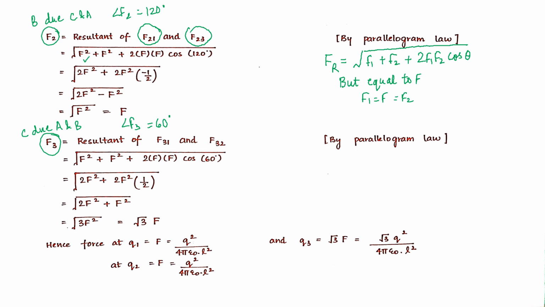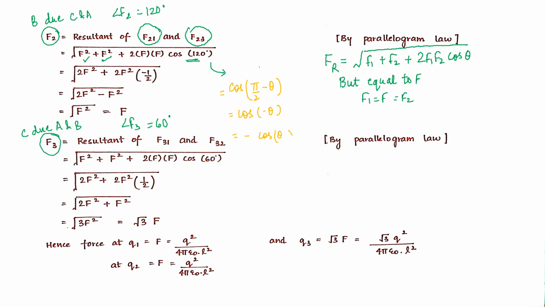Substituting, F square plus F square plus 2FF cos 120 degrees, as we have seen. I'll explain this one more time. The trigonometric formula: cos of pi minus theta equals minus cos theta.